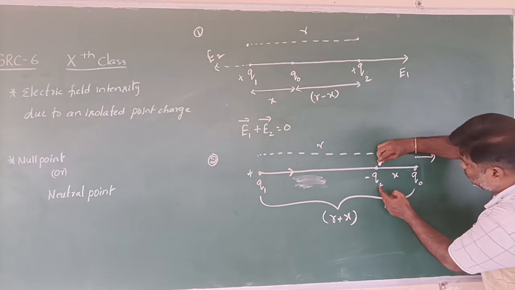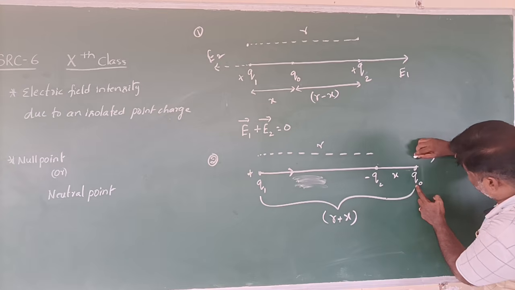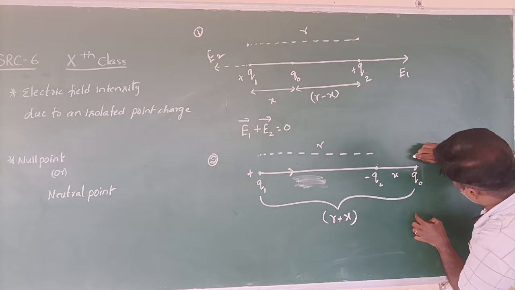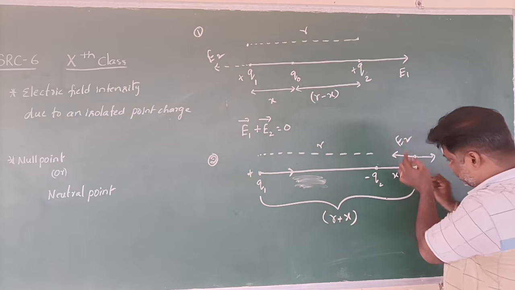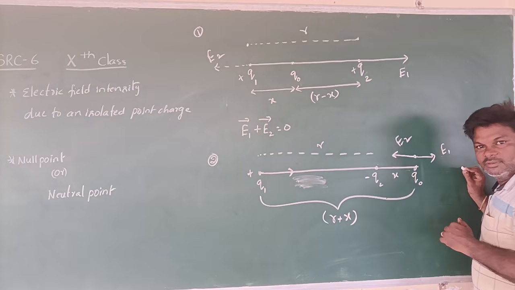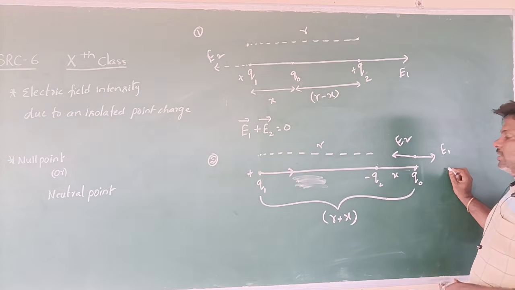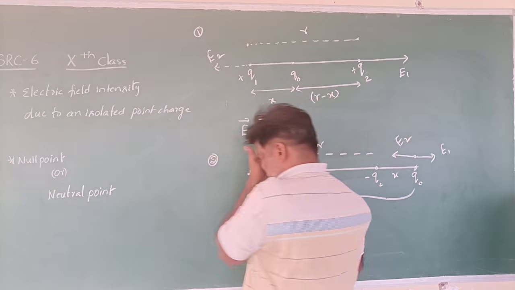Now Q2 is a negative charge and Q0 is a positive charge. So this field is towards Q2, and along this field E2, Q0 will experience an attractive force. Here also, both are acting opposite to one another.